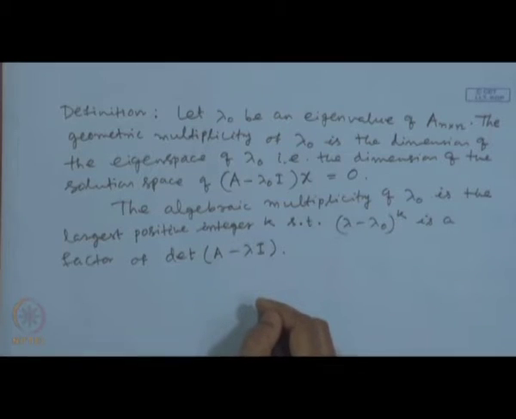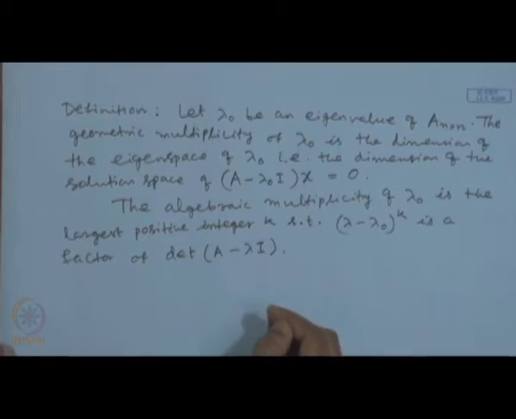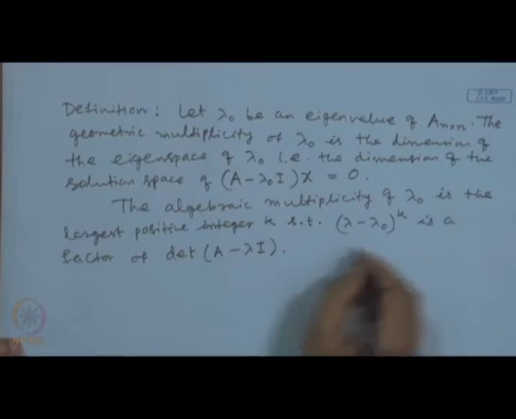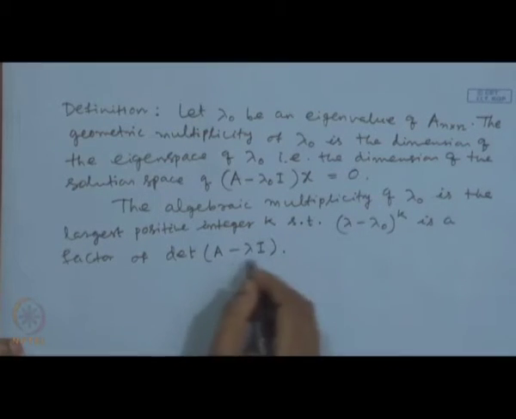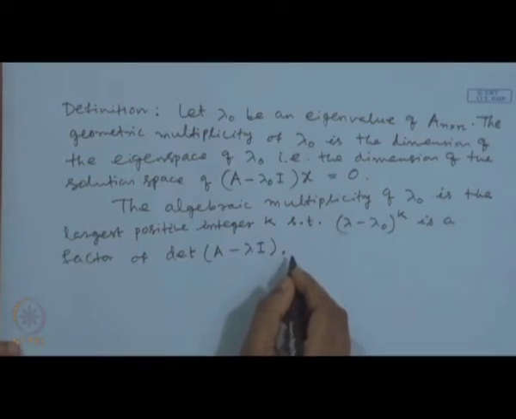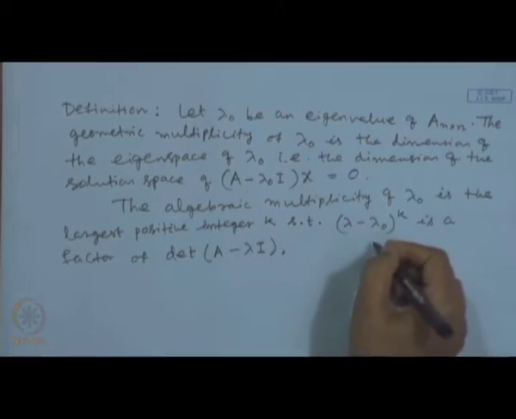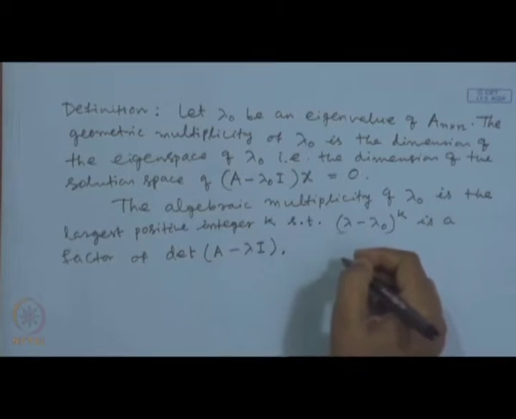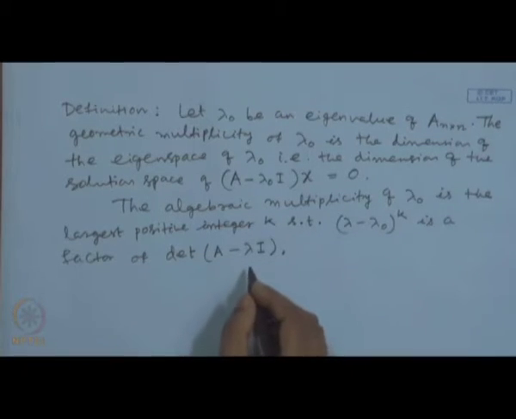Characteristic polynomial of this A minus lambda I, or in other words, the algebraic multiplicity of lambda 0 is actually the multiplicity of lambda 0 as a root of this characteristic equation.